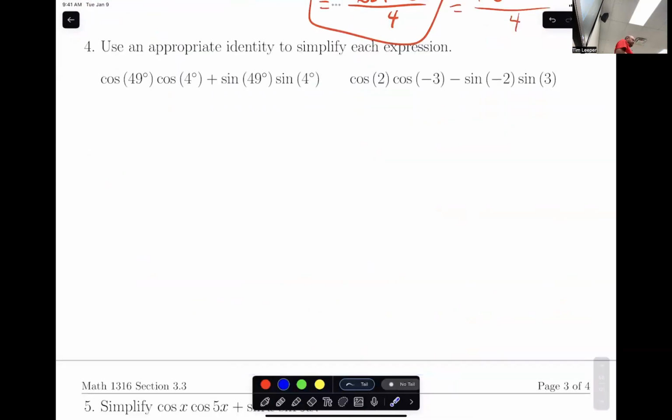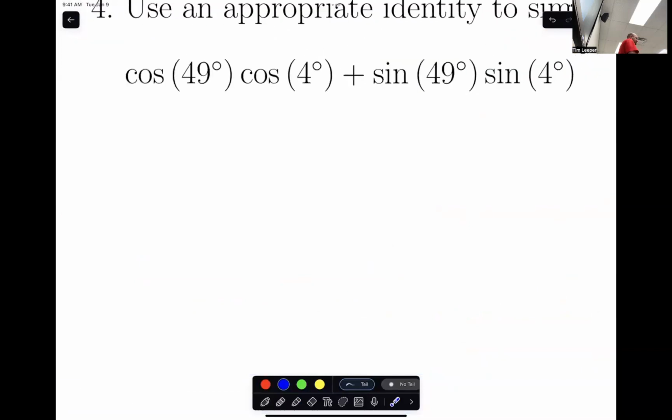Good deal. Notice that number 4 here is going in the reverse direction. Using the cosine of a sum or difference, we want to simplify these. Now notice we have cosine of 49 degrees, cosine of 4 degrees, plus sine 49 degrees, sine 4 degrees. Well, on this one, notice that we have 2 cosines and 2 sines. The trigonometric function that's even is cosine, right?